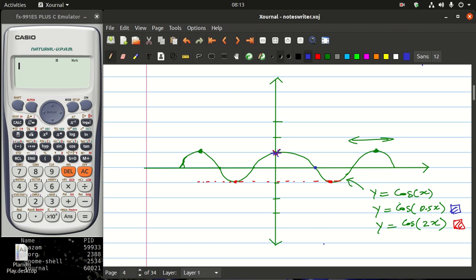Let me look into this. What is 1 over 0.5? Because we are here. 1 over 0.5 is 2, right? If 1 over 0.5 is 2, 2 is greater than 1, so we are moving to the right here. So this point here, let me do this. We are moving that way for blue. So this point here will move about, let's say, a half.